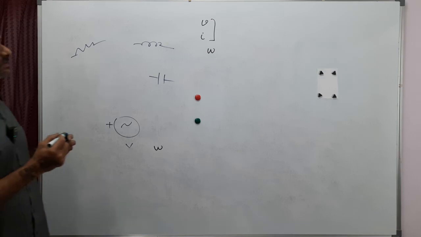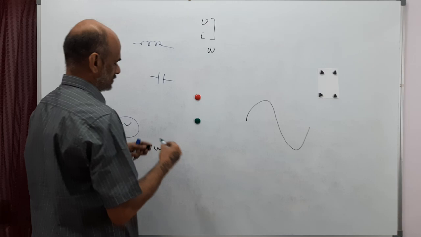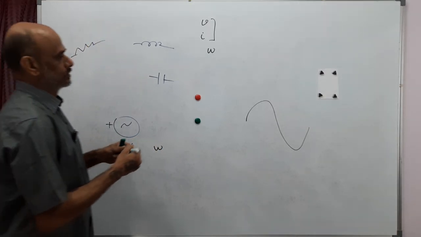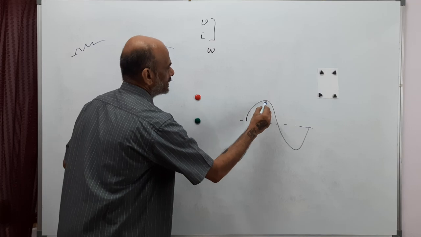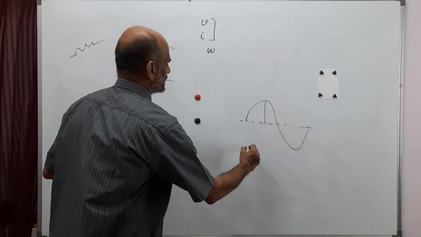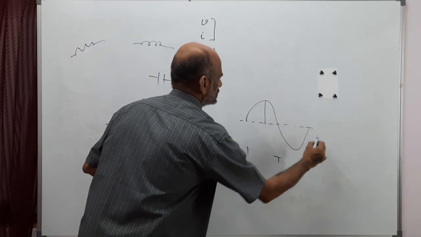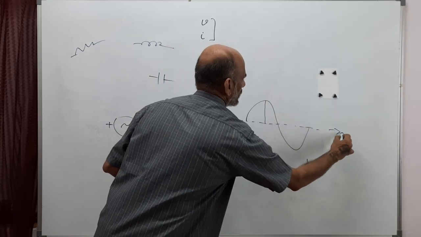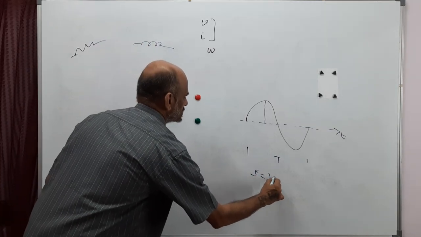A sinusoidal variation is a variation like this. So we have amplitude and a time period. This is a function of time, and frequency is the reciprocal of time period.